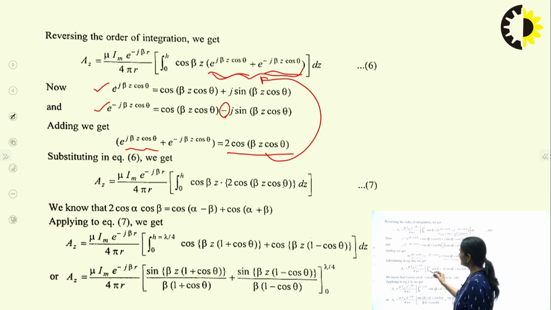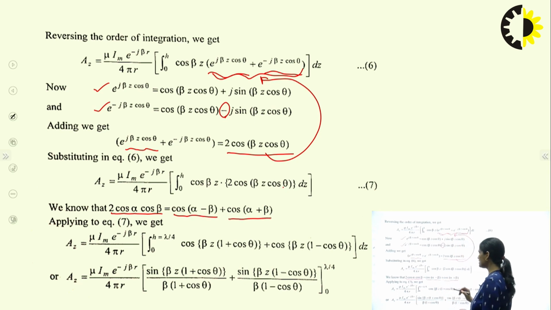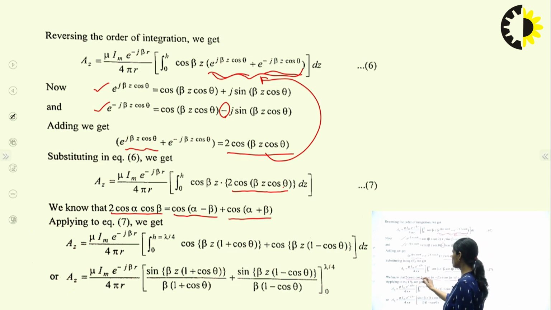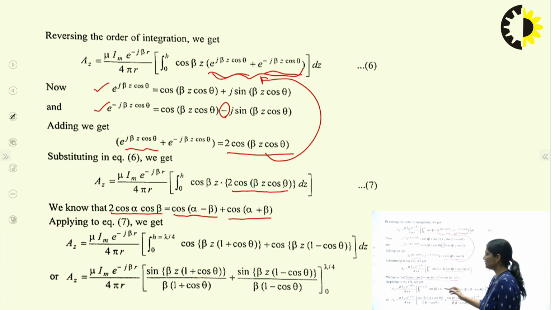When you are integrating 0 to H, here 2 cos alpha cos beta is equal to what? Cos (alpha minus beta) plus cos (alpha plus beta). So you can put here the value 2 cos beta Z cos theta, meaning here you are getting a combination of 2 cos alpha cos beta, so you can put here cos (alpha minus beta) plus cos (alpha plus beta), right?